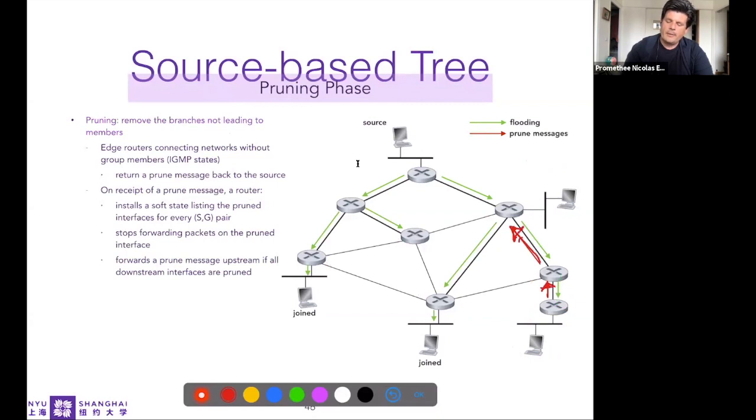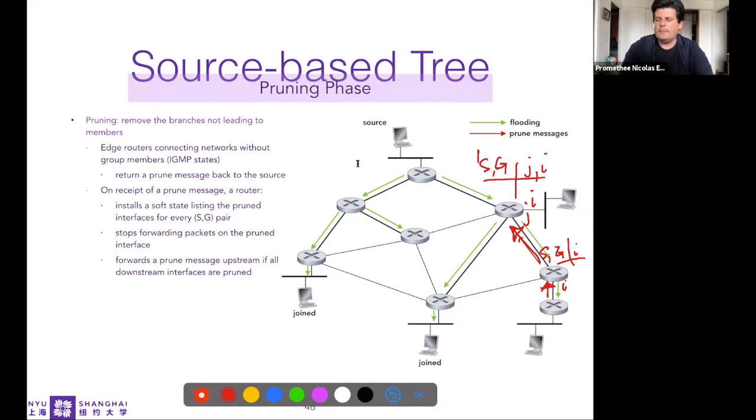At any router, I will install a state where I indicate the interface that has been pruned. So for that source and the multicast group G, I will indicate that the interface has been pruned. I maintain a list of the interfaces where there are no members.